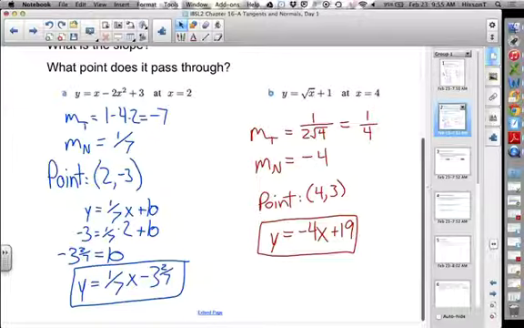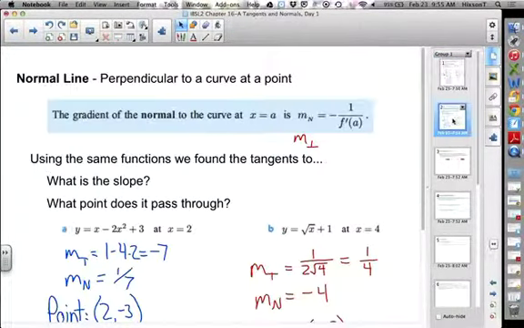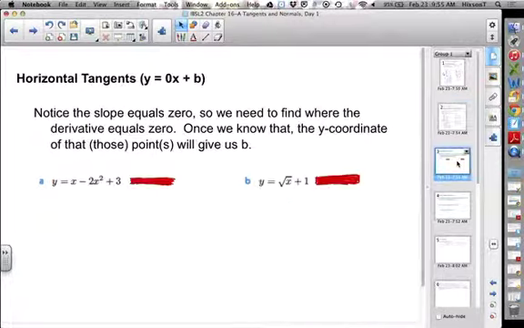Alright, good. Now we have tangent lines, we have normal lines. Now I want to look at a particular type of tangent, and that is when the tangent line is horizontal. What do you know about a horizontal line? The slope is 0.